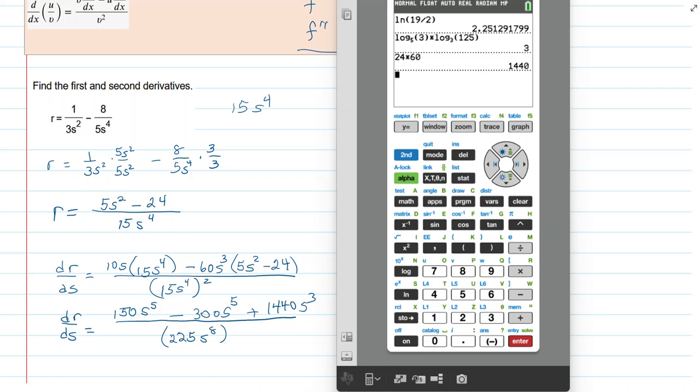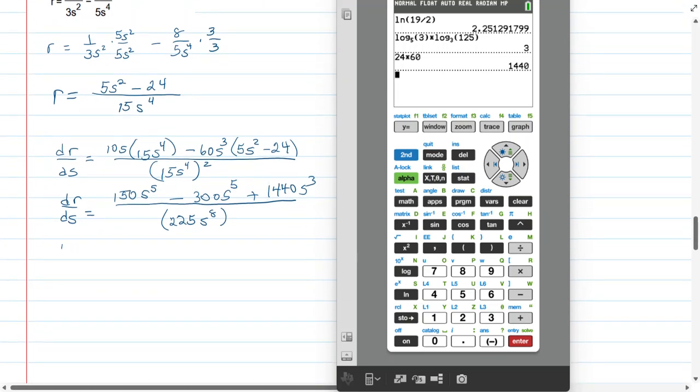All right. Almost there, guys. Okay. I have these two together, and I'm going to have a negative 150 S to the 5.